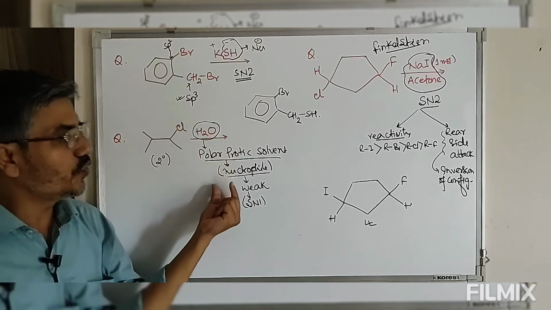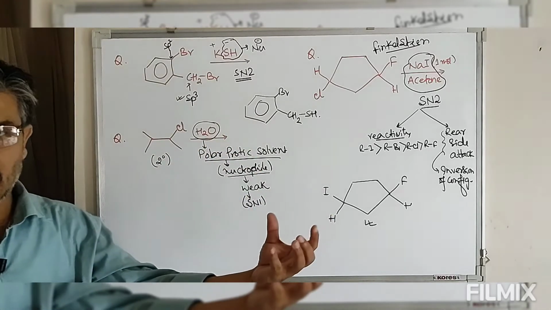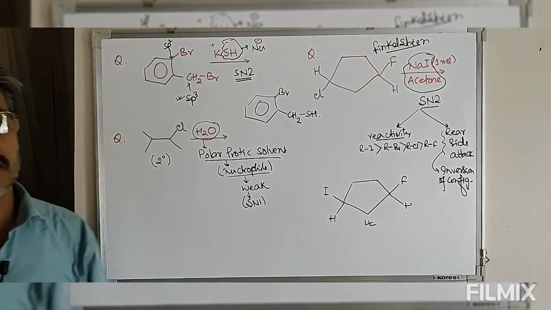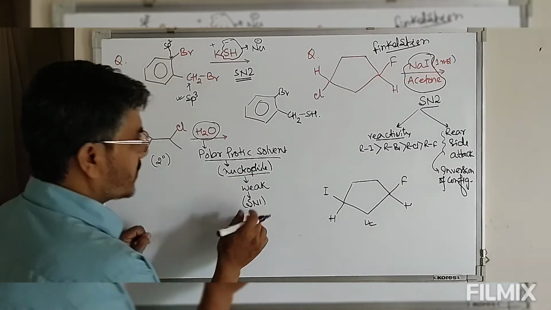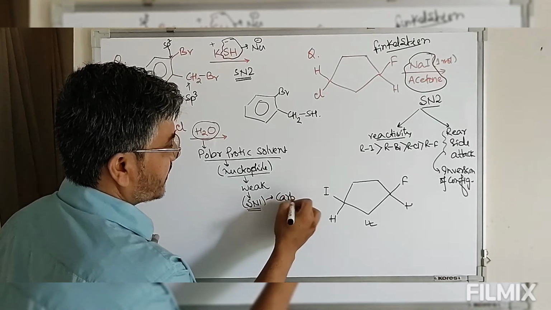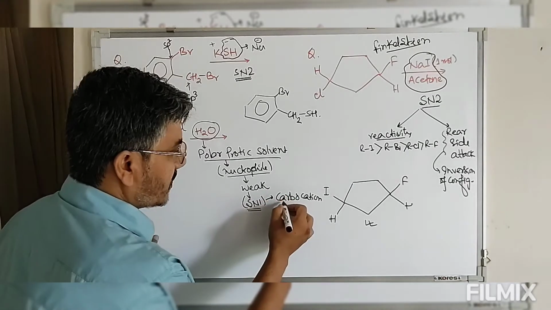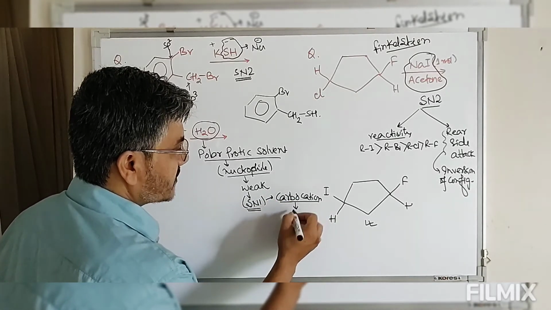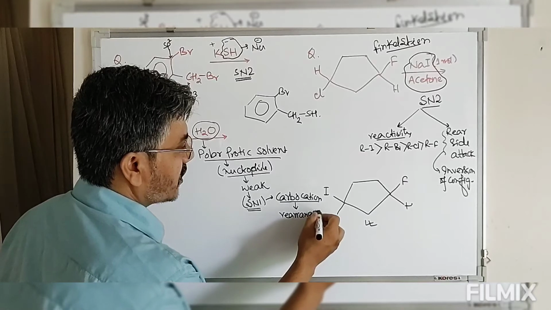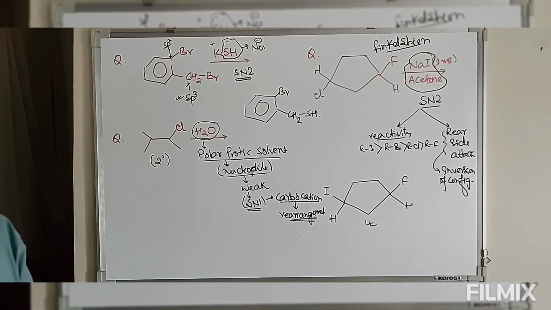In the presence of a weak nucleophile and the polar protic nature of the solvent, the reaction will follow unimolecular substitution. In this unimolecular substitution, there is formation of a carbocation. Whenever there is a carbocation, there is always a chance for rearrangement. So we have to check whether there is any option for rearrangement in the reaction or not.